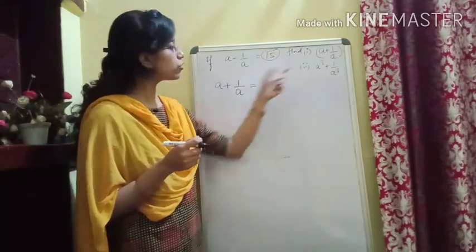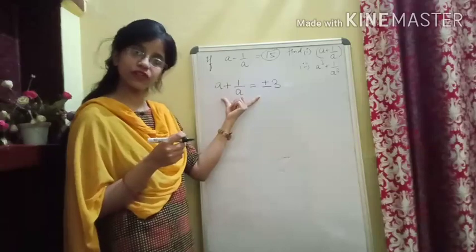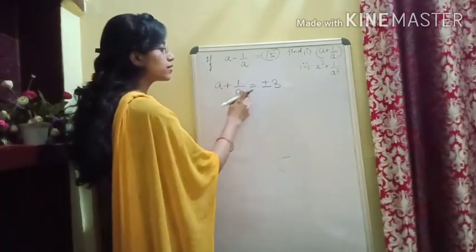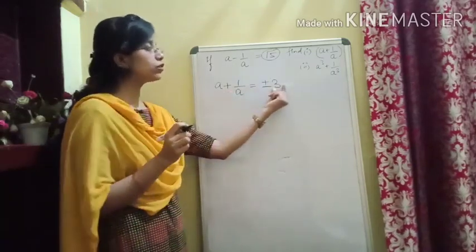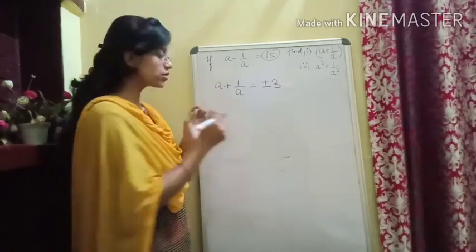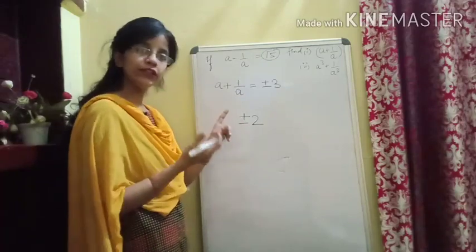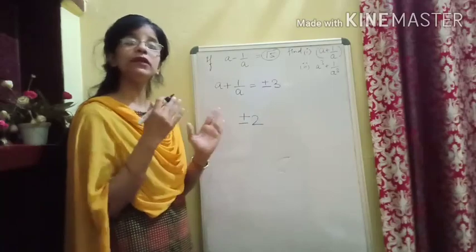Since it is plus, we will use the answer we calculated in the first part. As I told you, a plus 1 upon a comes plus minus 3. That means this could be equal to plus 3 or minus 3. When we write plus minus 2, that means the value can be plus 2 or minus 2. It could be both.